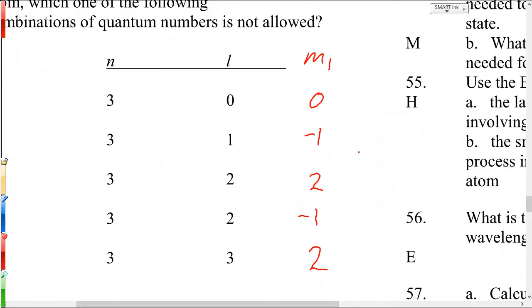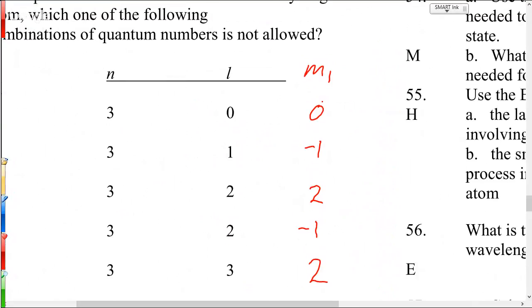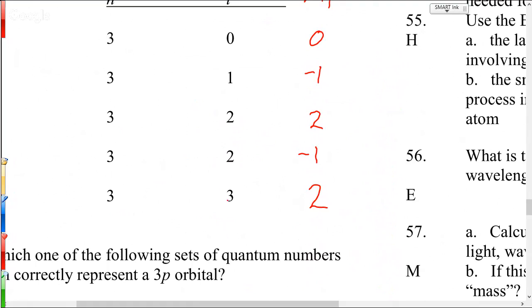We'll say that's A through E. Which is not allowed? Which is not a possible way to describe an electron? Everybody see it? E? Why? Right. So you can't have L equals 3, because the biggest L can be is n minus 2.